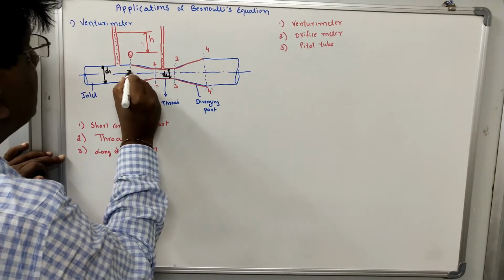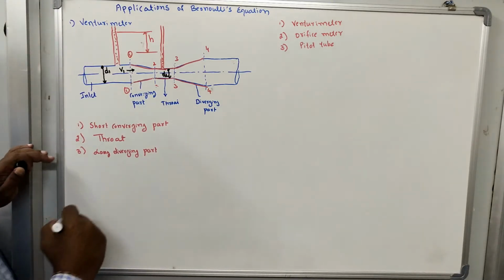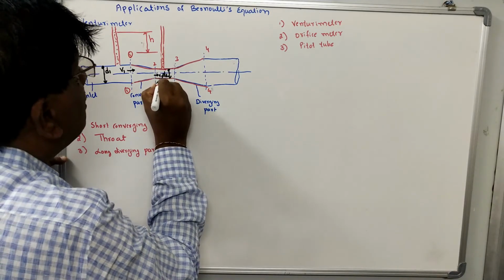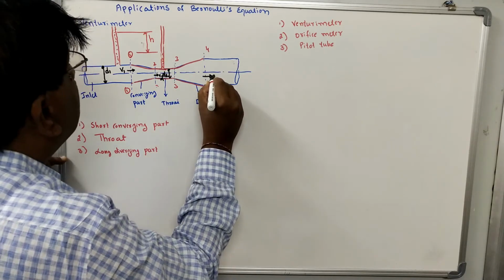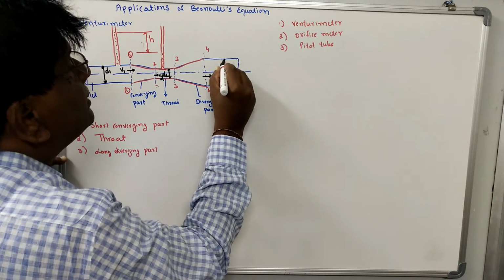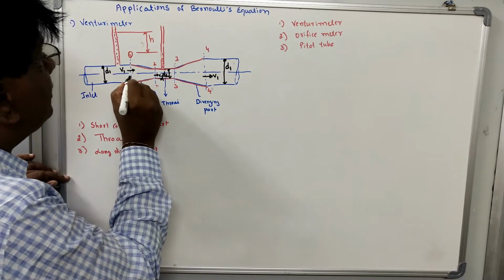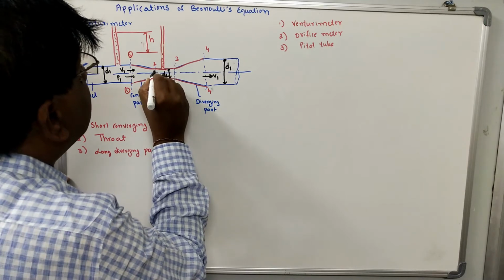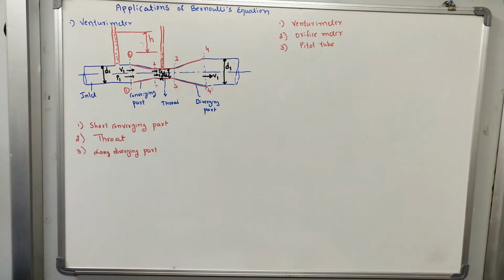At section 1 let the velocity of flow be V1, and at section 2 let the velocity be V2. Again at section 4 it is the same V1, and the diameter is the same, again D1. Now the pressure at section 1 is P1, and the pressure at section 2, in the throat portion, is P2.